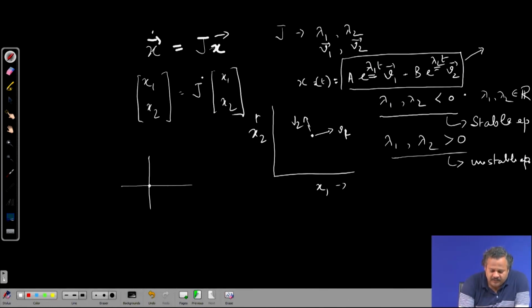if this is the equilibrium point and this is V1 and this is V2, for a stable spiral it is going to go like this and gradually end up in the equilibrium point. So, this is the final direction.